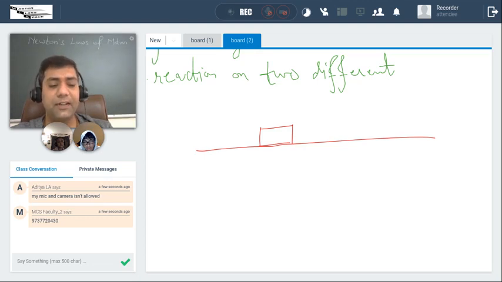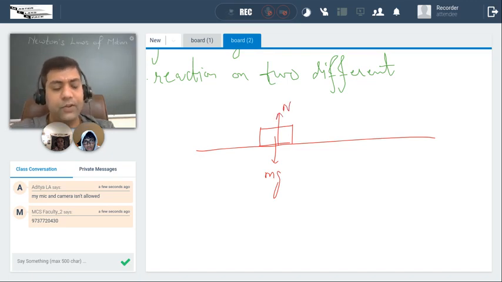The FBD concept should be taught once you know everything. So now, Aditya, make the FBD of this one, including mg and normal reaction.